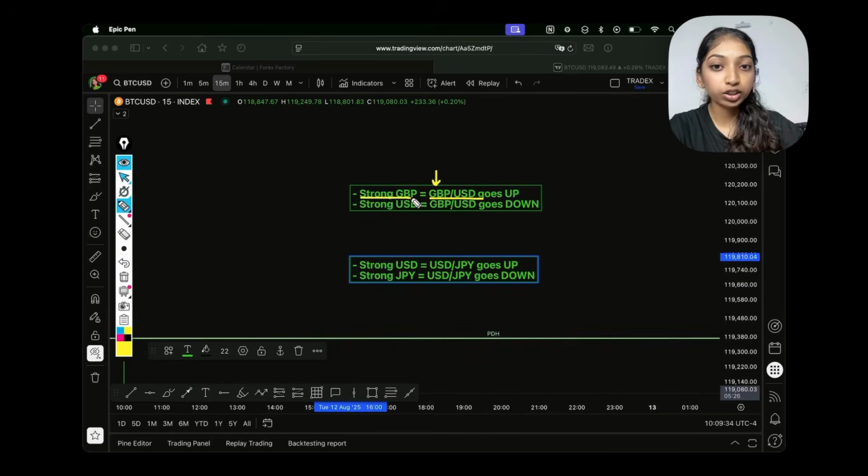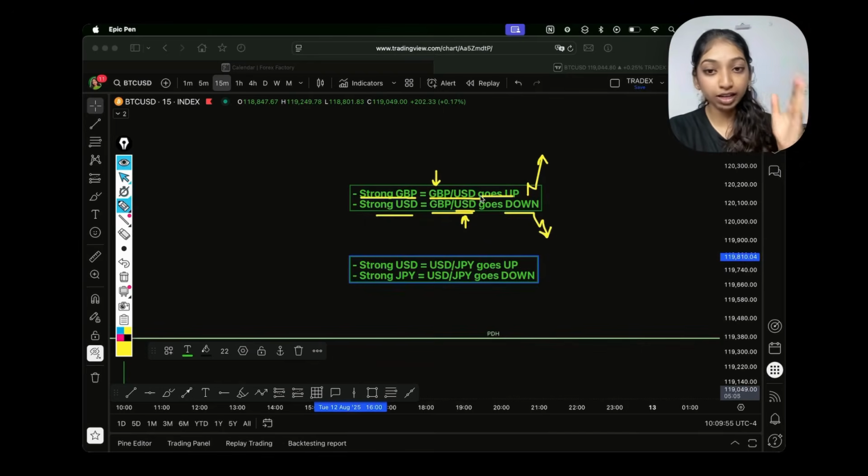That's Forex basics. If it gets stronger, then the entire pair goes up. But if the second currency gets stronger, then the entire pair goes down. Let's understand that one more time. Because GBP is the base currency, if the first currency gets strong, the price moves up, which means the pair goes up. But as the second currency gets stronger, the price goes down, which means the entire pair goes down.